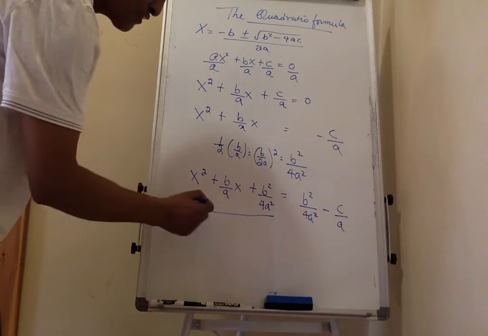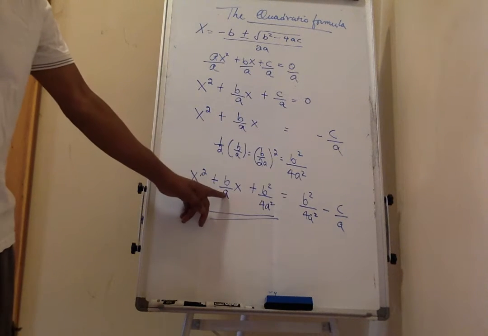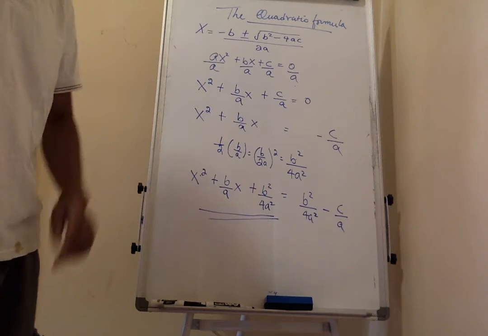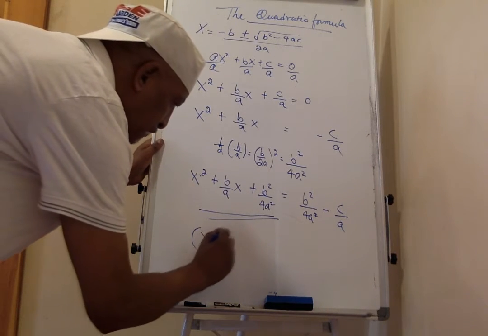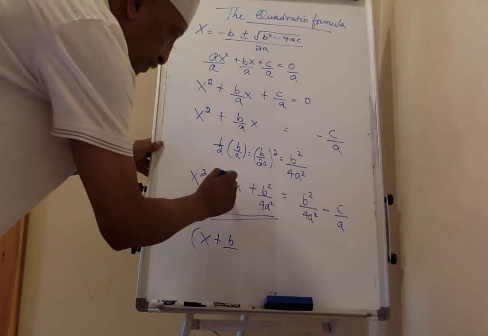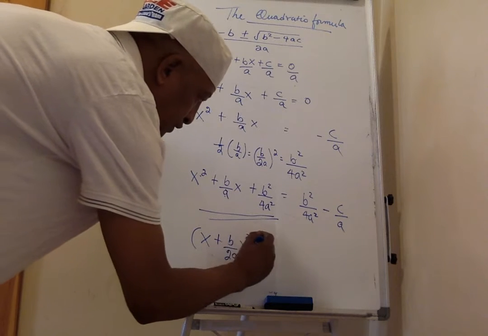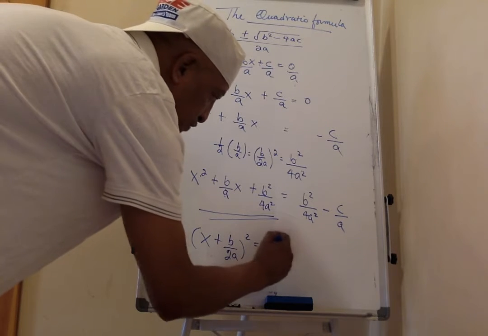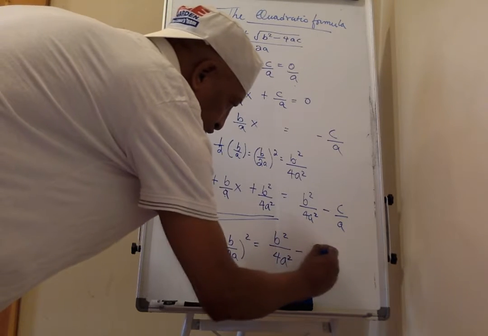Now we need to translate this. How did we get this? We got this by finding half of b over a and squaring it. So this means x plus b over 2a, squared, is equal to b squared over 4a squared minus c over a.